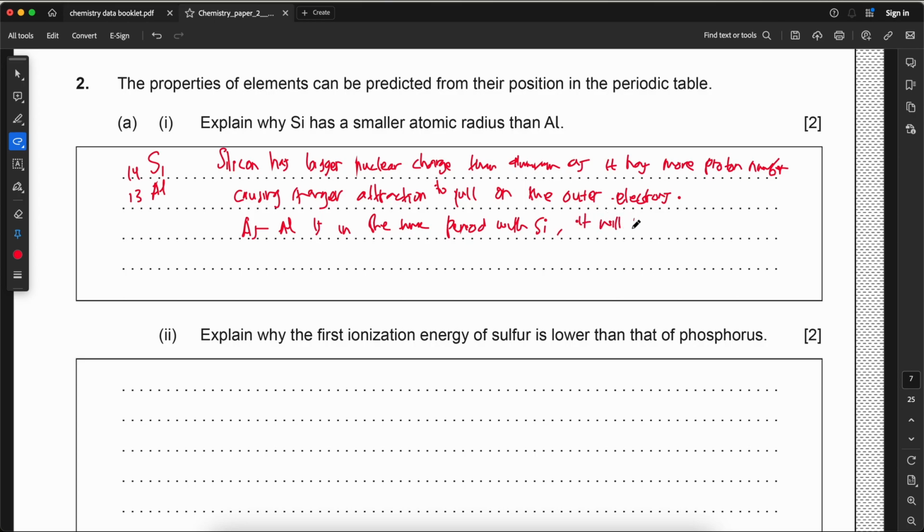It will have the same number of electron shell, and thus will have the same amount of shielding.